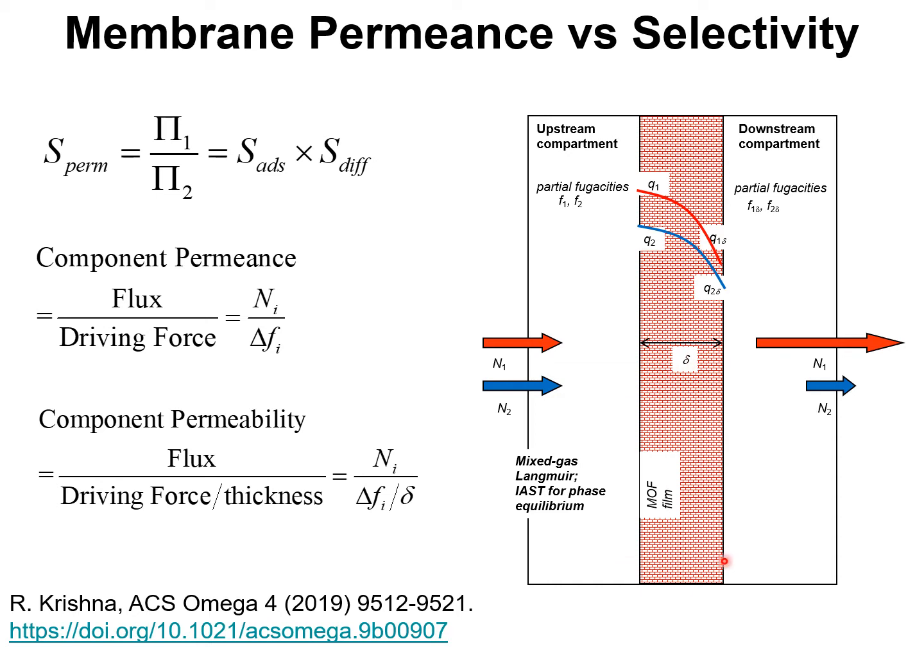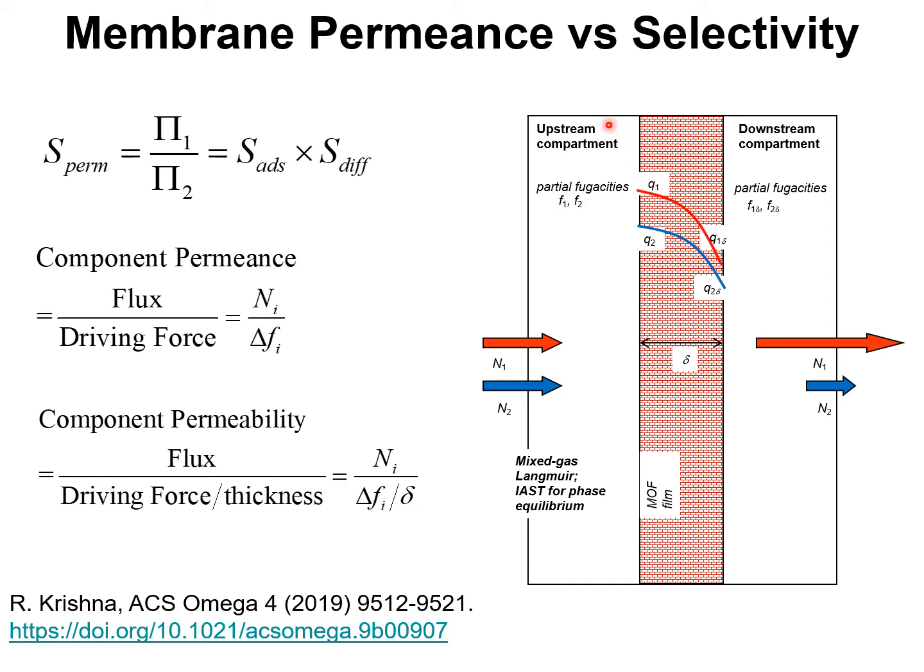This layer could be a zeolite or a MOF. We consider ordered crystalline materials in this presentation. In other videos to come later, we will talk about polymer membranes and other types of membranes. We will not consider mixed matrix membranes today in our presentation.